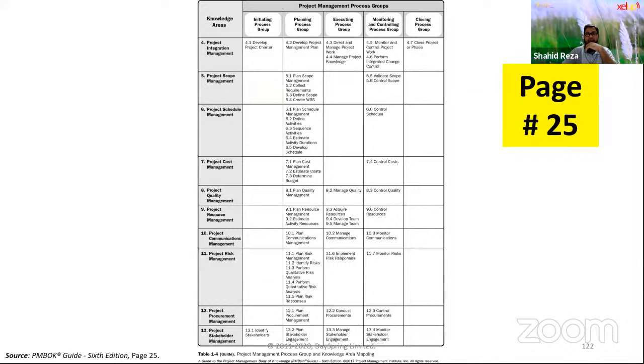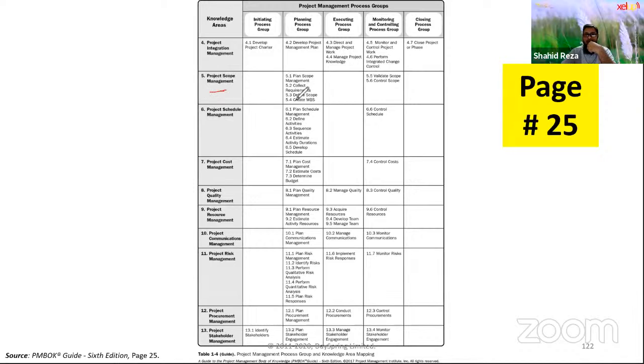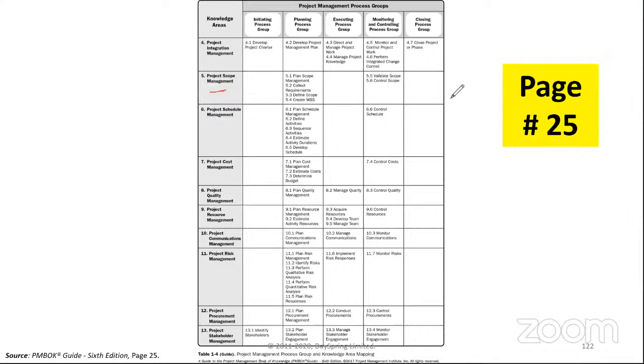Next concept that I need to discuss here, if you see here closely, are you with me, guys? Yeah. So far? Okay. See project scope management. Under project scope management, how many processes are there? 1, 2, 3, 4, 5, 6.